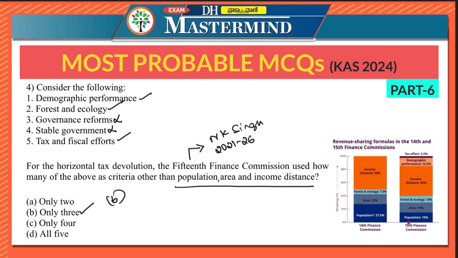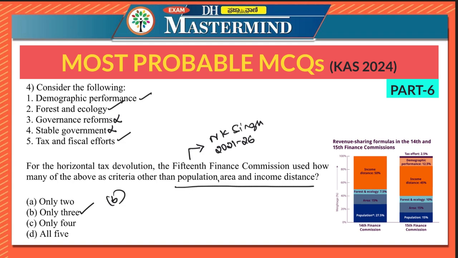This is very important, and even the weightage is very important. The highest weightage is given to income distance, which is 45%. In the 14th Finance Commission, it was 50%, but now it has become 45%. The lowest is for tax and fiscal efforts, which is 2.5%. Let us write it down.